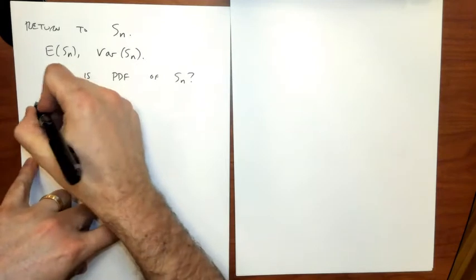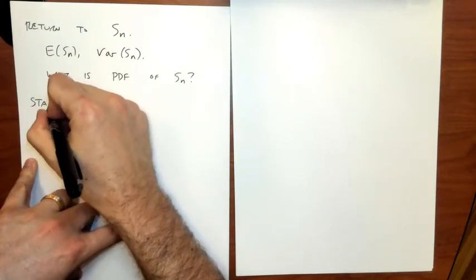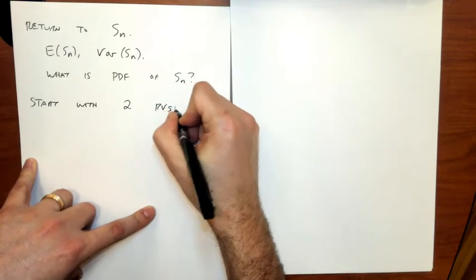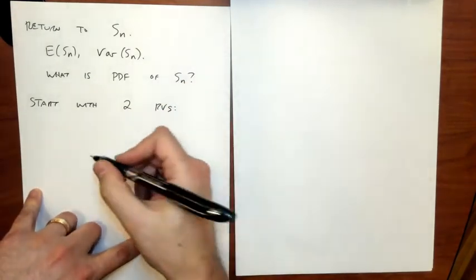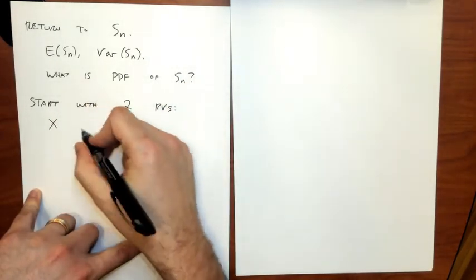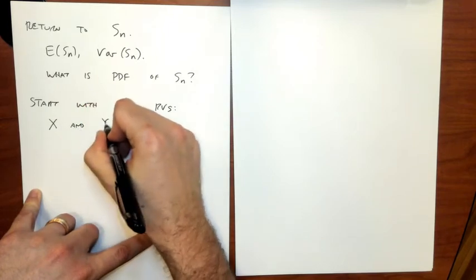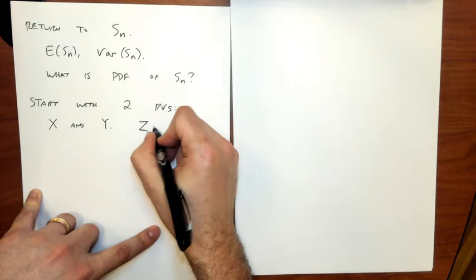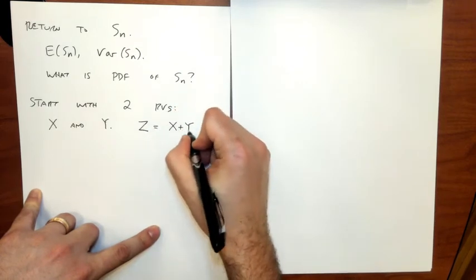So let's start with two random variables. Let's suppose that x and y, and let's suppose that z is equal to x plus y.